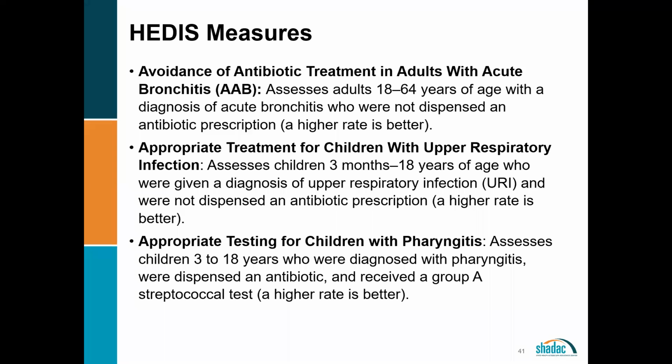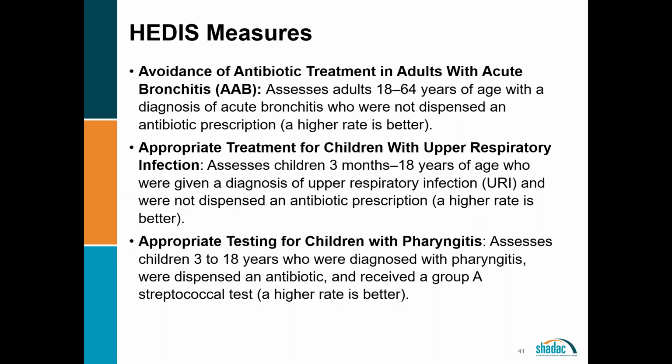These measures assess the percentage of cases where the patient is diagnosed with one of these conditions and then not prescribed an antibiotic. The third focuses on a condition where antibiotics are more commonly overprescribed, not necessarily that they're never warranted, but takes a look at, in cases where patients had pharyngitis, the extent to which they were also tested for strep. And for all 3 of these measures, a higher rate is better.